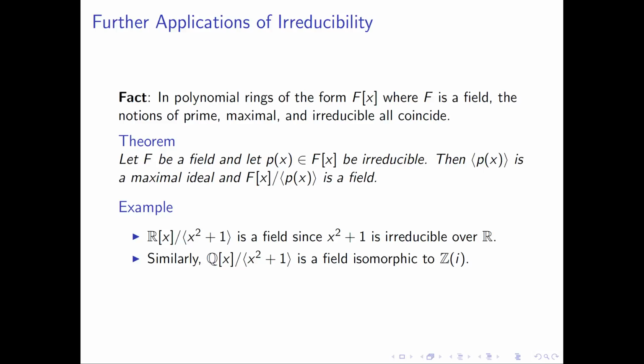And so an example we haven't seen before is that we could take the polynomial ring of the rational numbers adjoined x, and we could mod out by the ideal generated by x squared plus 1, where that ideal is sitting within Q adjoined x. And we would know by this theorem, because x squared plus 1 is irreducible, that we'd be getting a field. Now it turns out that, so that's the part that's implied by this theorem, what happens is that this field is isomorphic to the field of fractions of the Gaussian integers.